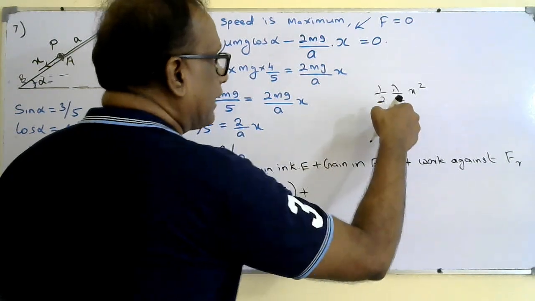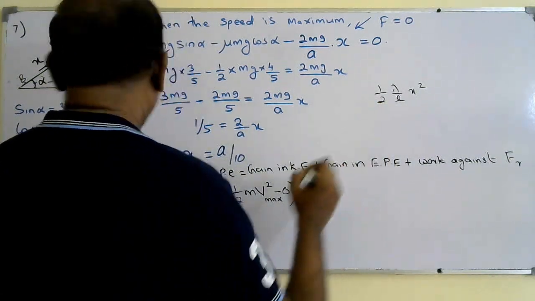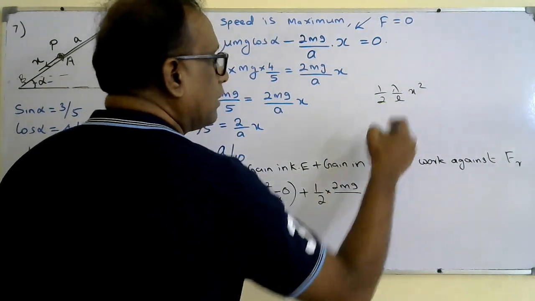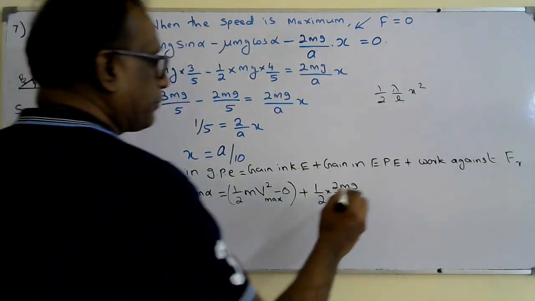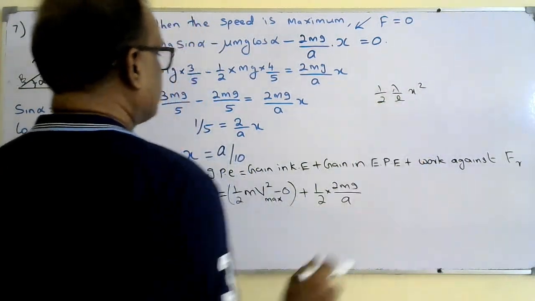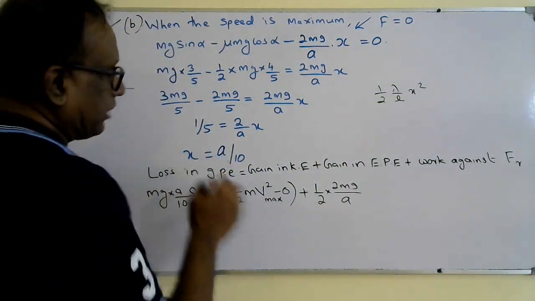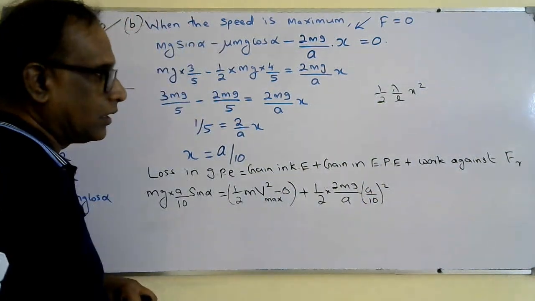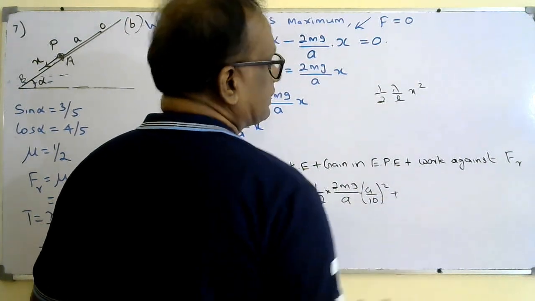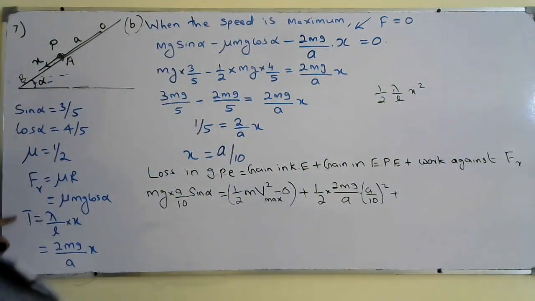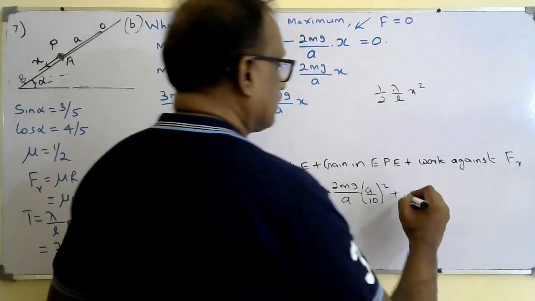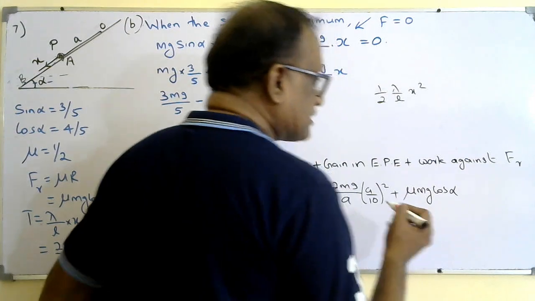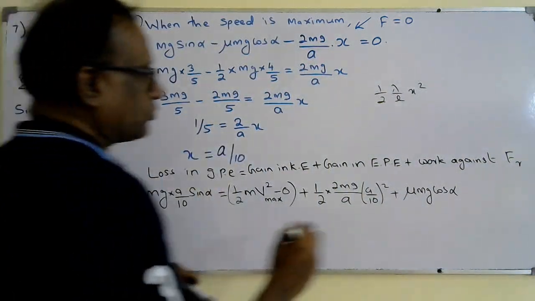So lambda we know is 2mg, L we know is A, extension is A over 10, all in square. Plus work done against friction, the friction force Fr equals mu mg cos alpha, into the distance moved along the plane down, the same thing, A over 10.